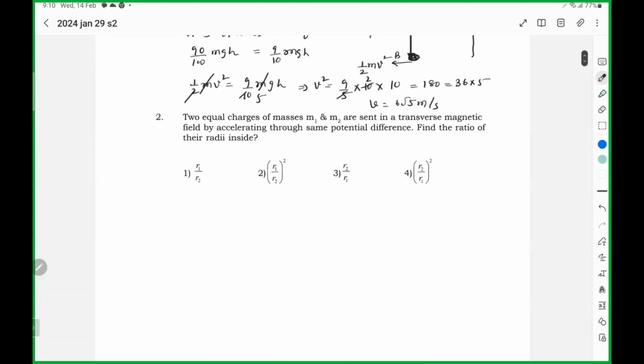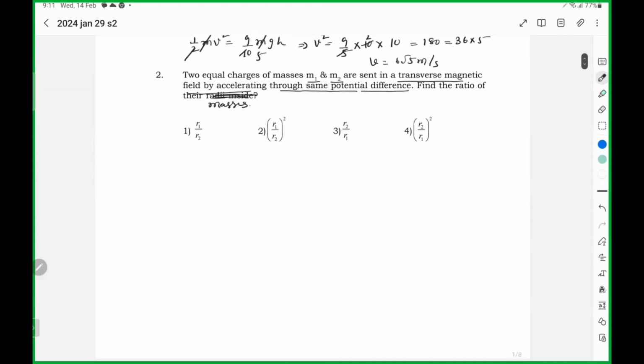Here, two charges of masses m1 and m2 are sent in transverse magnetic field by accelerating through same potential difference. Find the ratio of their masses. Here, the standard question every time he is asking this.